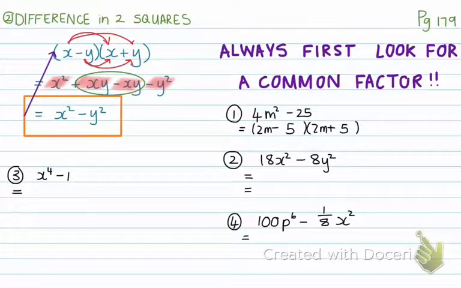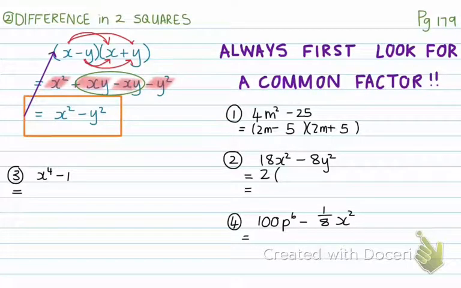Is it at all possible to take the square root of 18? Definitely not. So now I know there's something else that I need to do first. Okay? I said always first look for a common factor. And is there a common factor that I can take out between these two terms? Definitely. And that is 2. That is the highest common factor that I can take out.